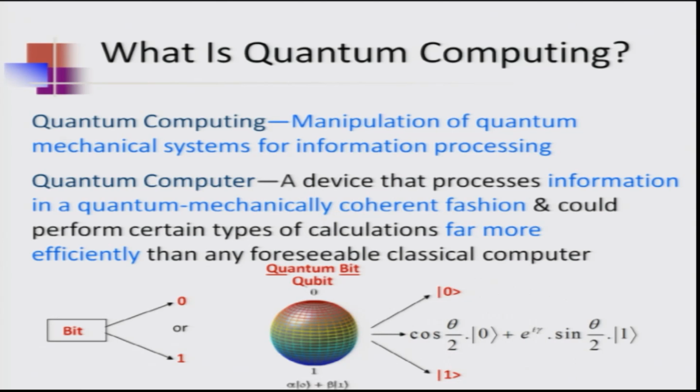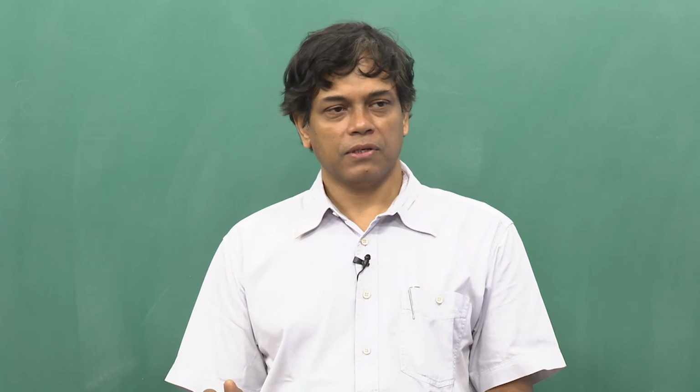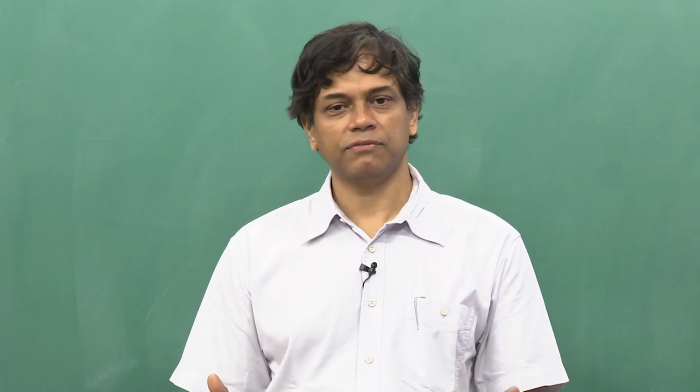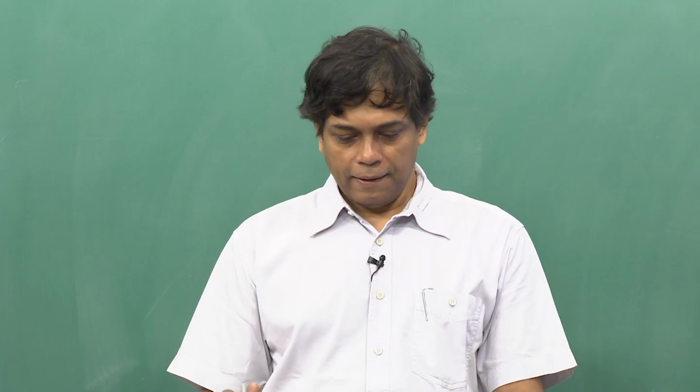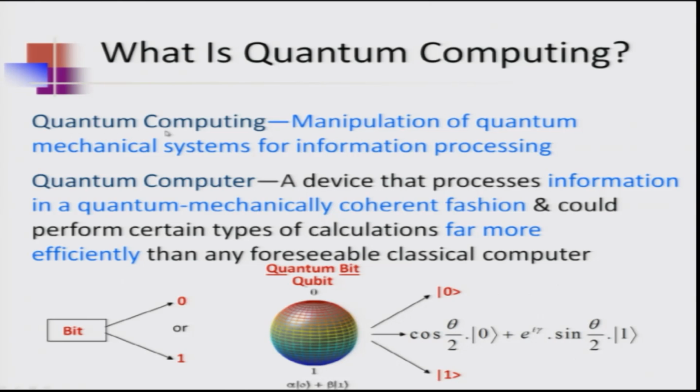So, let me actually formally define quantum computing at this stage, because we already have an idea of classical computing and we have given enough examples on that. Quantum computing as of today is defined as the manipulation of quantum mechanical systems for information processing. That is how quantum computing is being looked at.